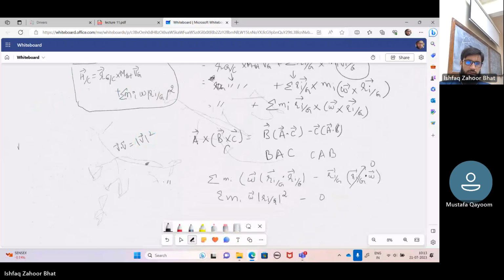So we can write h with respect to c as this first term, plus the summation of mi R i G whole square, which is nothing but it is the RGM total. What is this? No, that is the summation of mi Ri. Am I correct, sir?